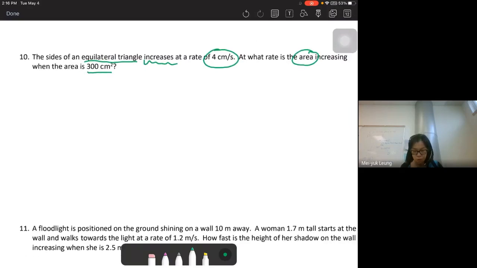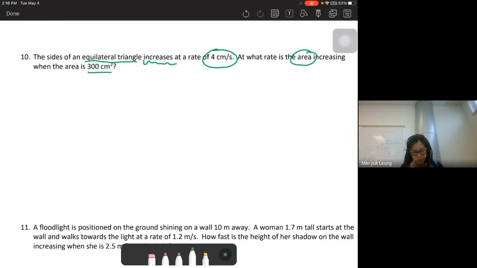Okay, so let's draw the diagram. So we're looking at an equilateral triangle. Equilateral triangle means all three sides are the same and each angle is equal, right? All three angles are the same with the measure of pi over 3, 60 degrees.